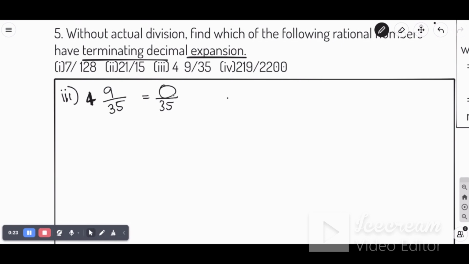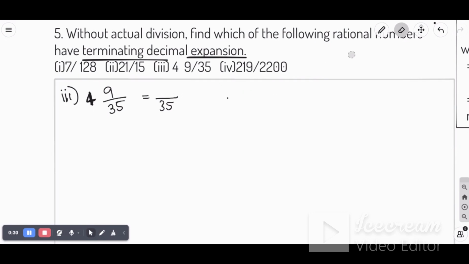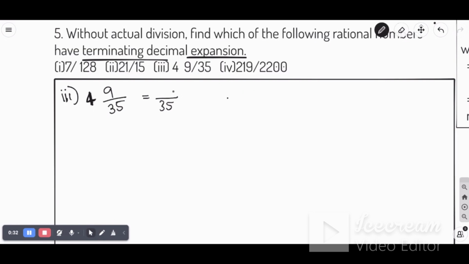So even if you change it or don't change it, it is not going to affect the result. But anyway, you need your rational number in the p by q form, so that's why it is changed to 149 by 35. Let us take our 35 alone because we have to worry about the denominator alone.